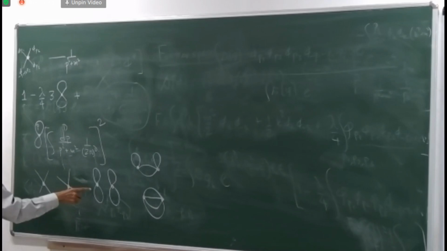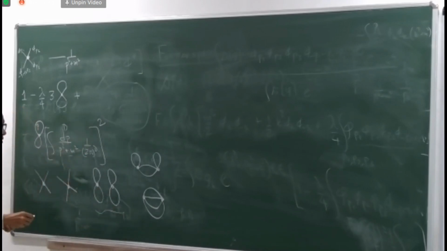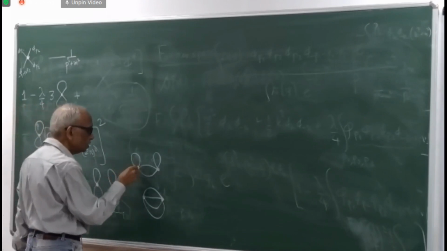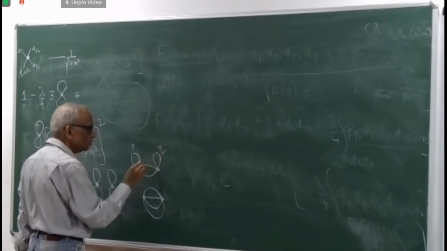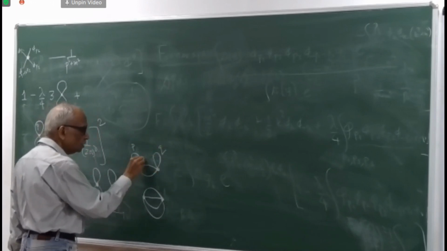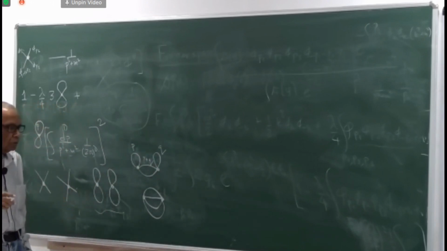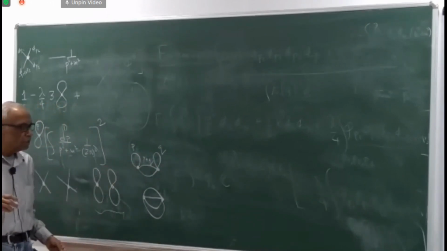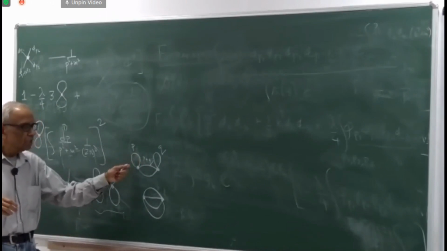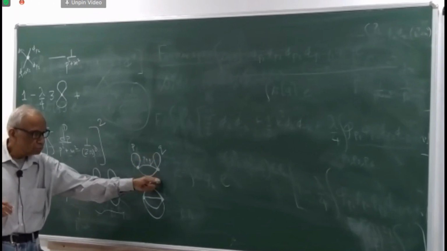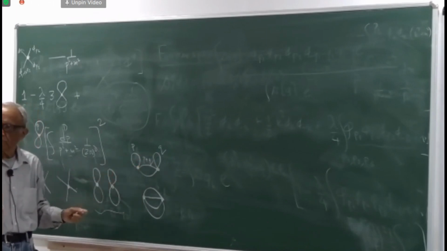The integral for this chap over here is this squared piece over here. If this loop momentum is P and this loop momentum is Q, then this loop momentum is P plus Q. So you write down 1 over P squared plus M squared, 1 over Q squared plus M squared, 1 over P plus Q whole square plus M squared.